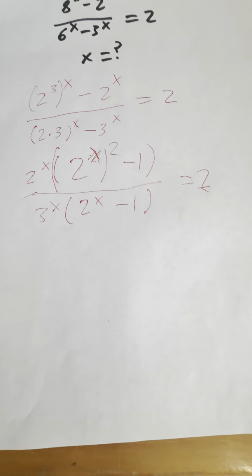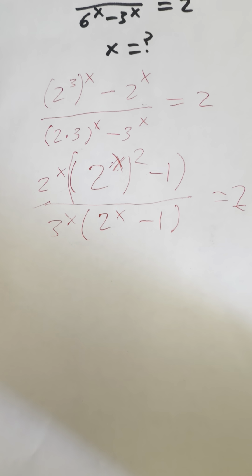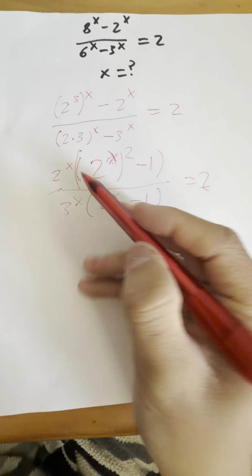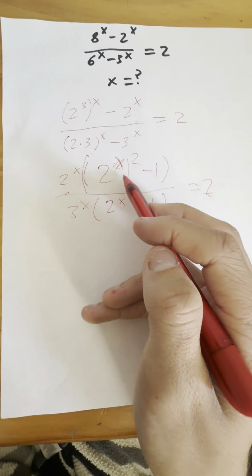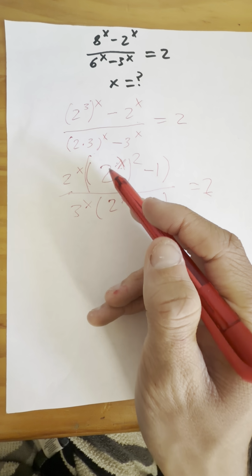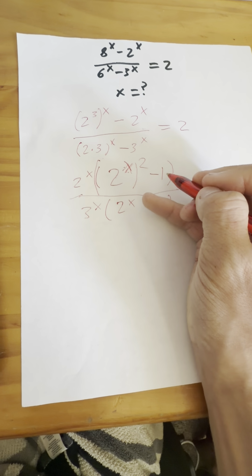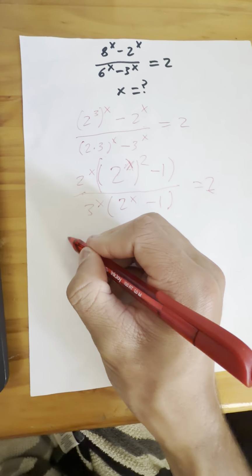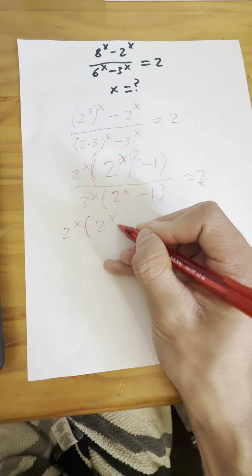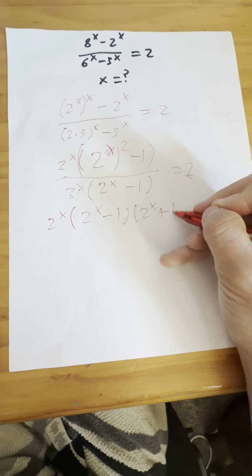And at this stage, you might think you're stuck, but you're able to use the difference of squares. The numerator can be split into this. Since we have 2 to the power x squared minus 1, that's also equal to 2 to the power x minus 1 and 2 to the power x plus 1.